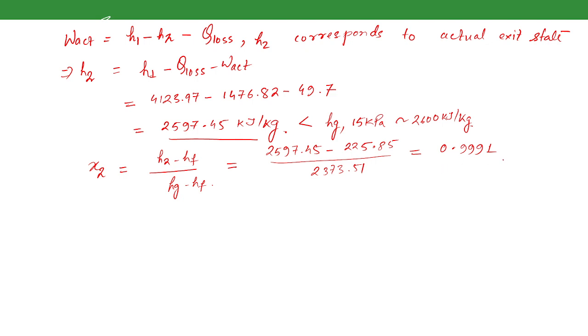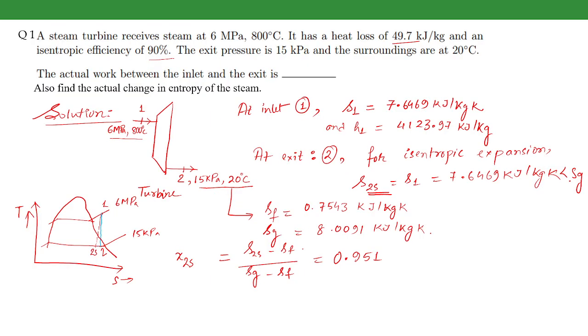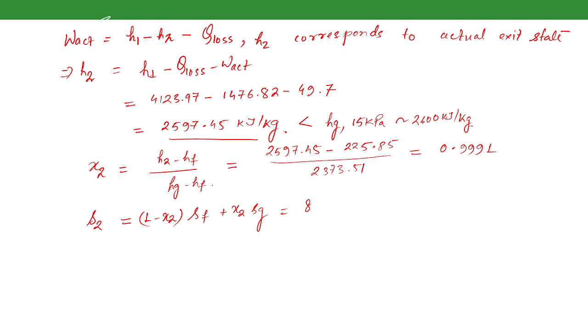It is almost equal to 1, but it will still be in a mixture phase. Therefore the entropy at state point 2 is 1 minus x2 into Sf plus x2 into Sg. If we put in the values of Sf and Sg as we used in the first part of the problem, we get the entropy to be 8.0032.